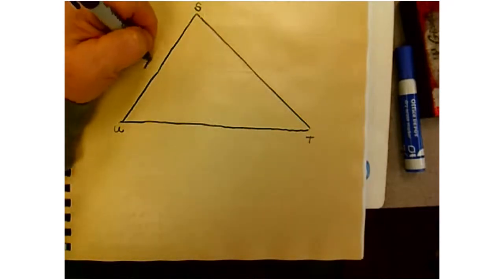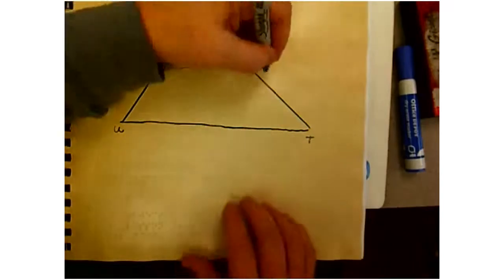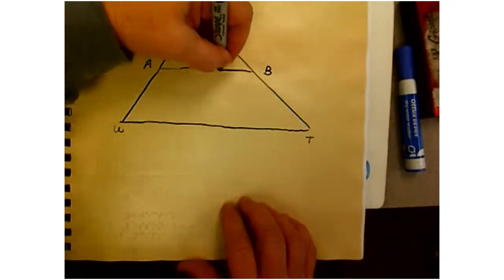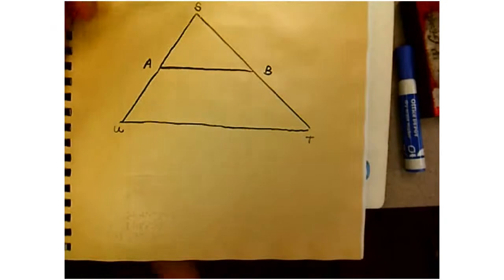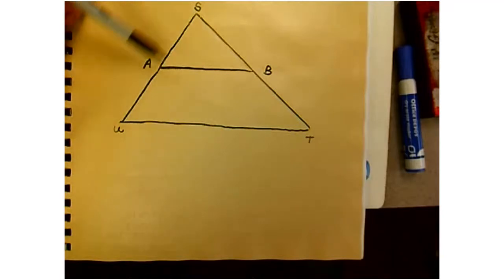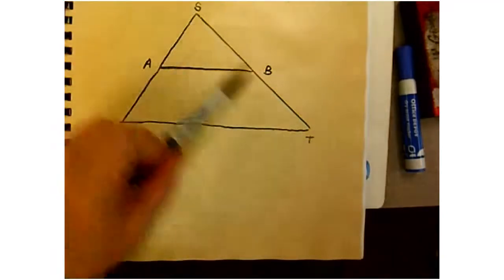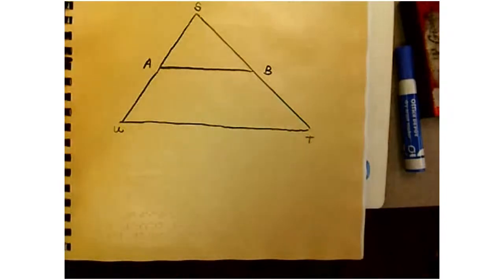So A is on the left, running west to east to point B on the right. And both of those points are midpoints. So we know SA and AU, they're congruent. They're the exact same distance. SB to BT, congruent, because we were given A and B are midpoints.